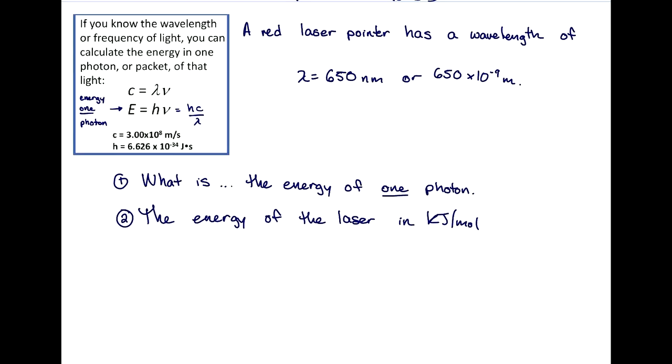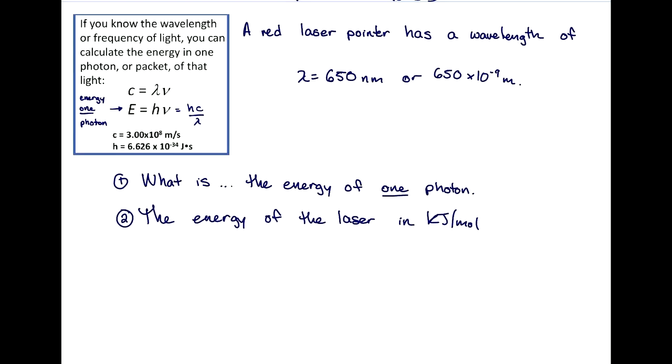So here's my red laser pointer. It has a certain wavelength, we can calculate its frequency, and we can also talk about the energy of the photon in joules, or even kilojoules per mole. So let's describe this light in a comprehensive way.